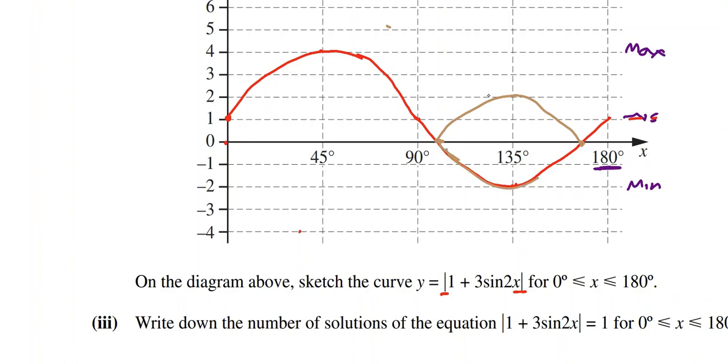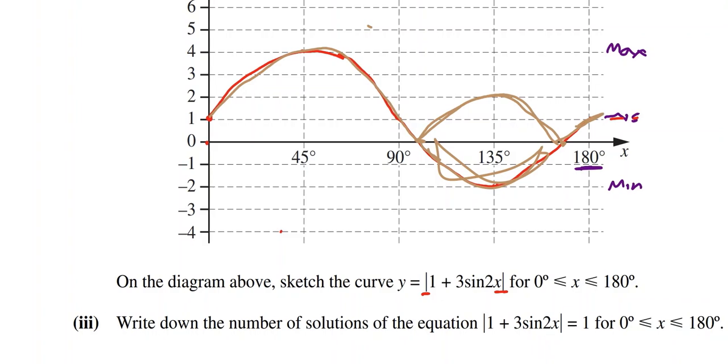So this means this part is not going to stay. So what is the new graph? The new graph starts the same until it is positive, then it goes positive again, and again it is positive. Okay, erased. So this is the graph of the absolute value of 1 plus sine 2x.